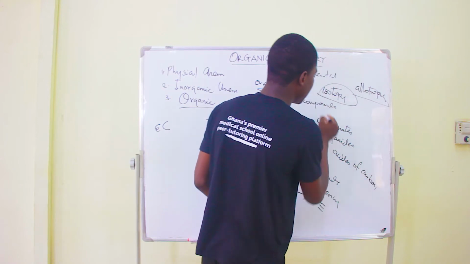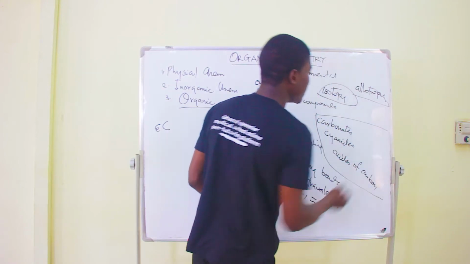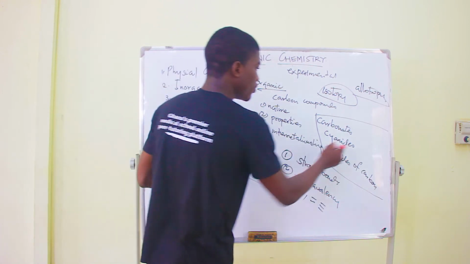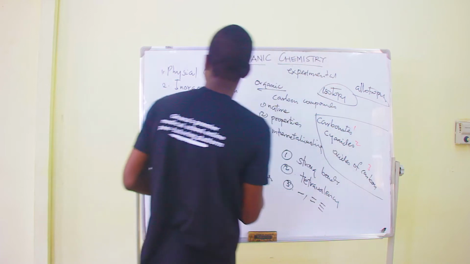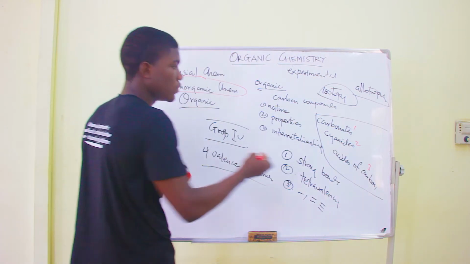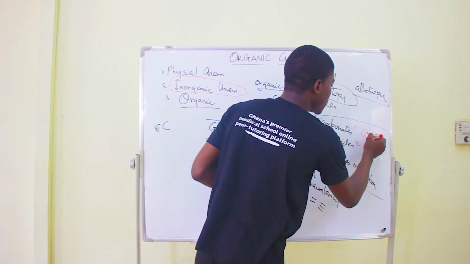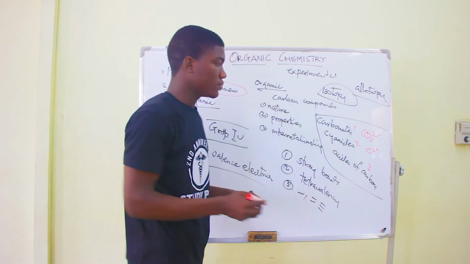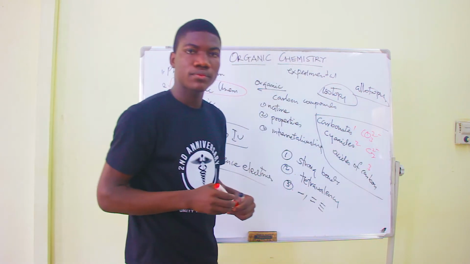Because in fact these ones are all inorganic in nature. And so we will study these under inorganic chemistry. So for carbonates, let me just represent them with 2 minus, and then the cyanide.